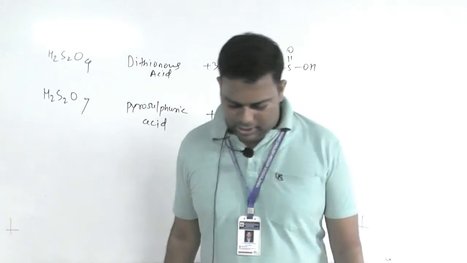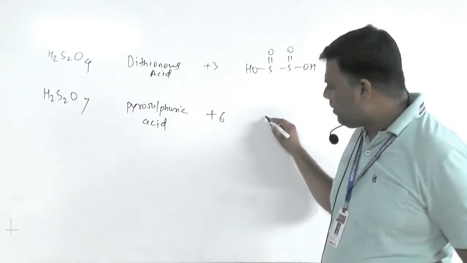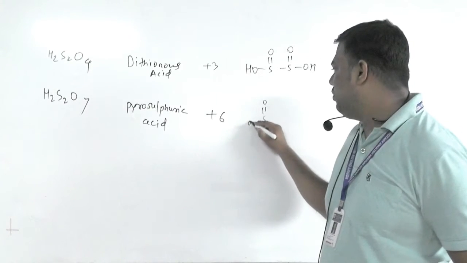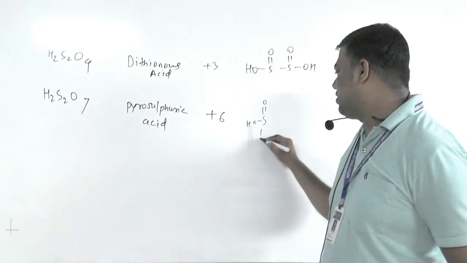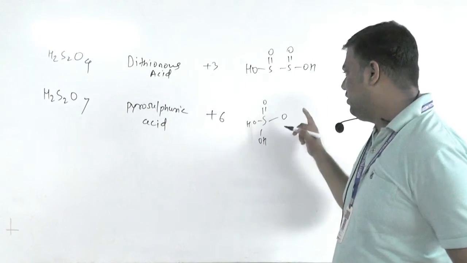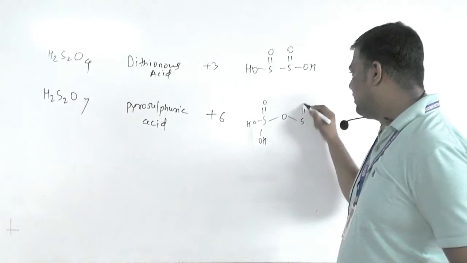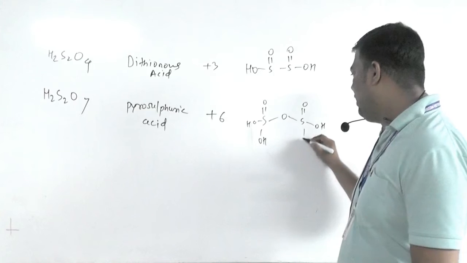That is +6. See how we can draw it: S double bond O, OH, H2S2O7, like this, OH and here also OH.